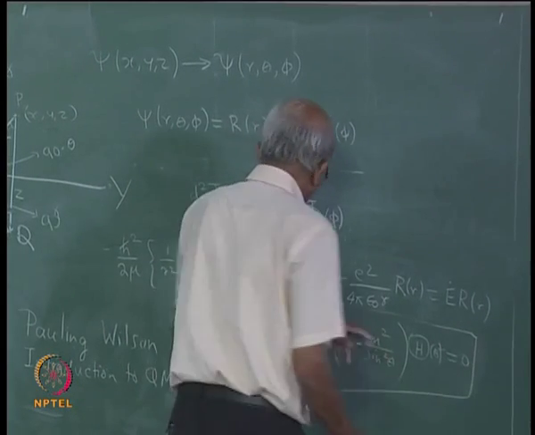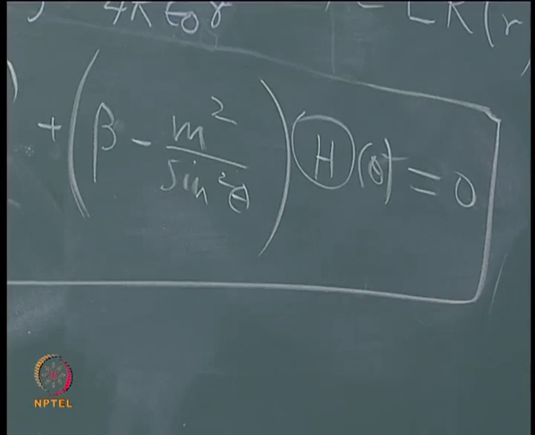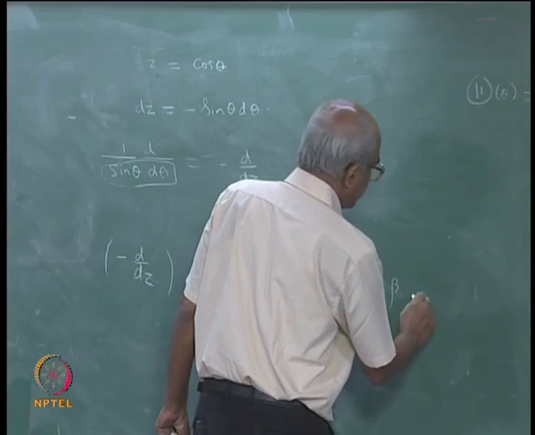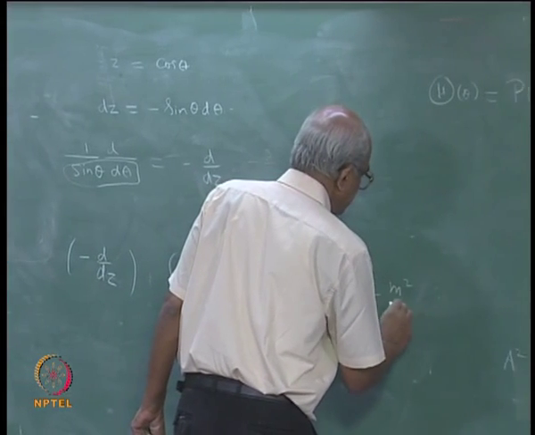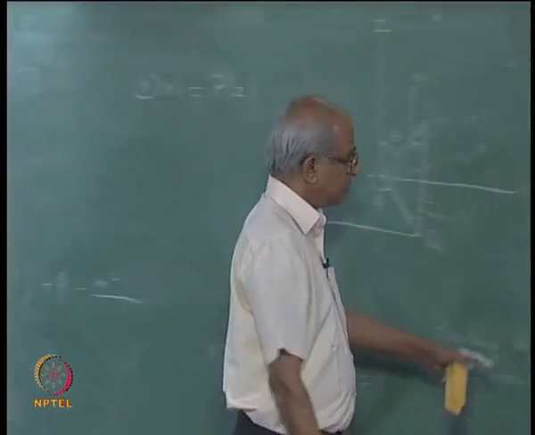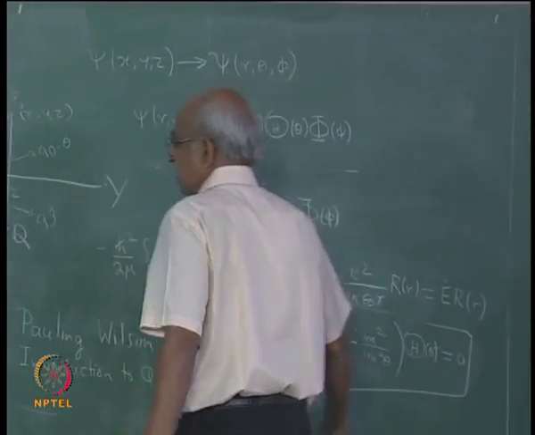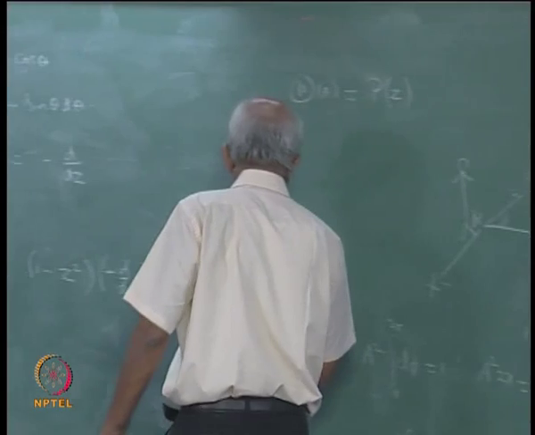Then what about the other part? The other part is going to be plus beta minus m square divided by sin square theta, that is very easy, that is nothing but 1 minus cos square theta.